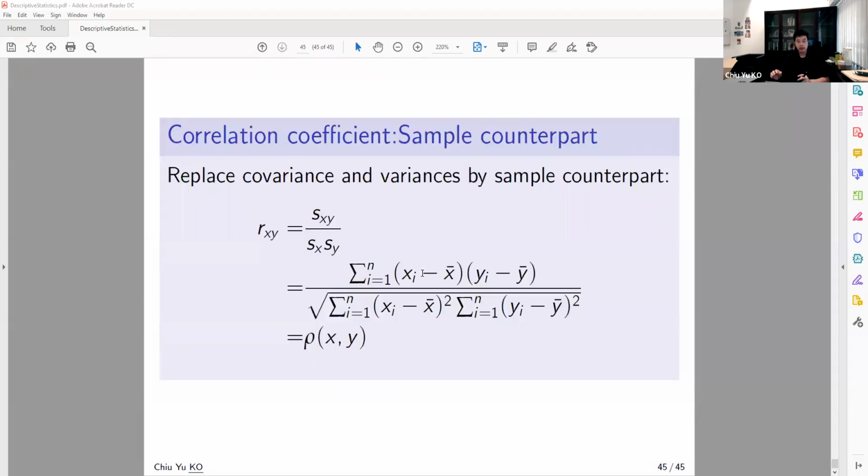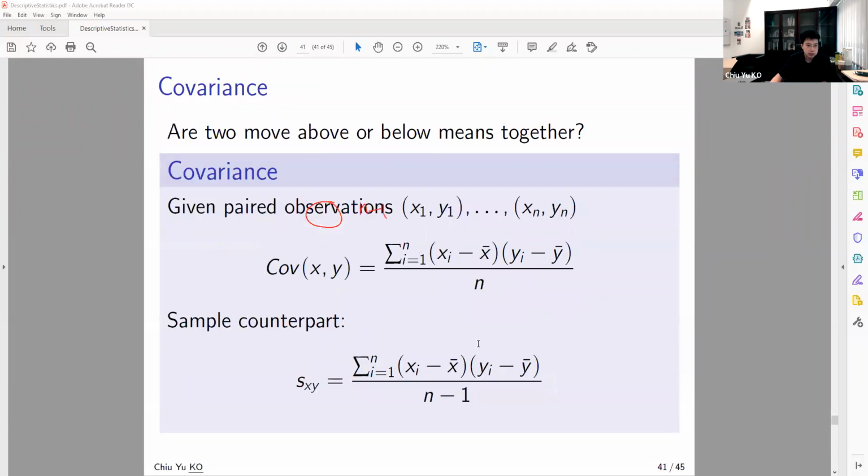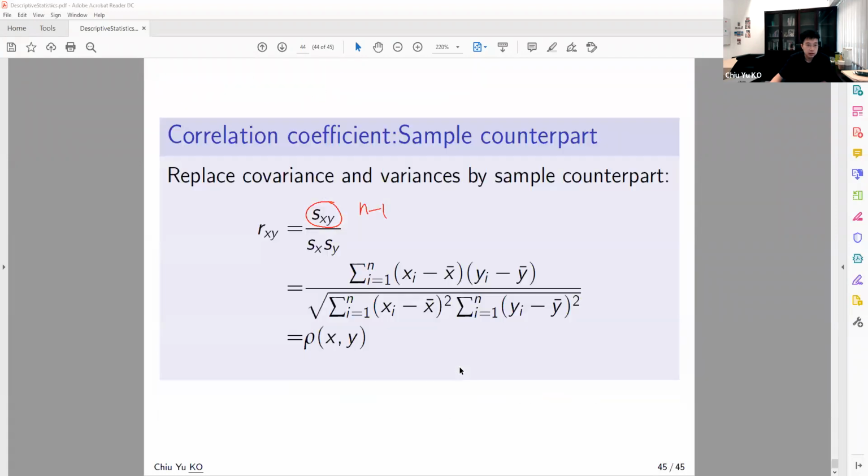And the final slide turns out to be, if you use the sample version, the sample version is n-1. Divided by n-1. And remember, this is also divided by n-1, so they cancel out.